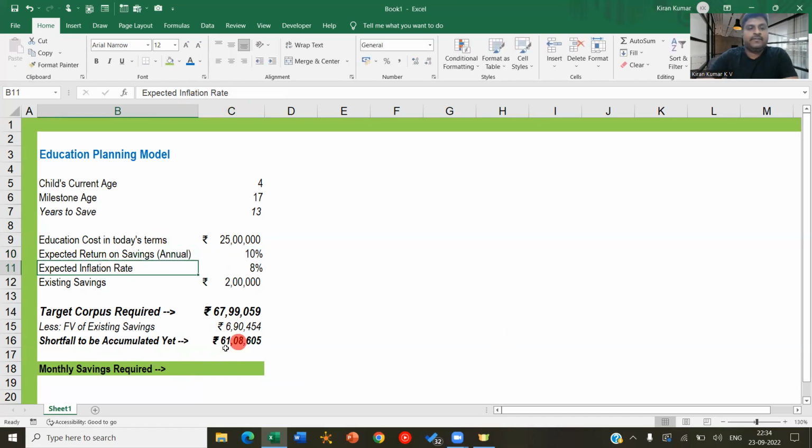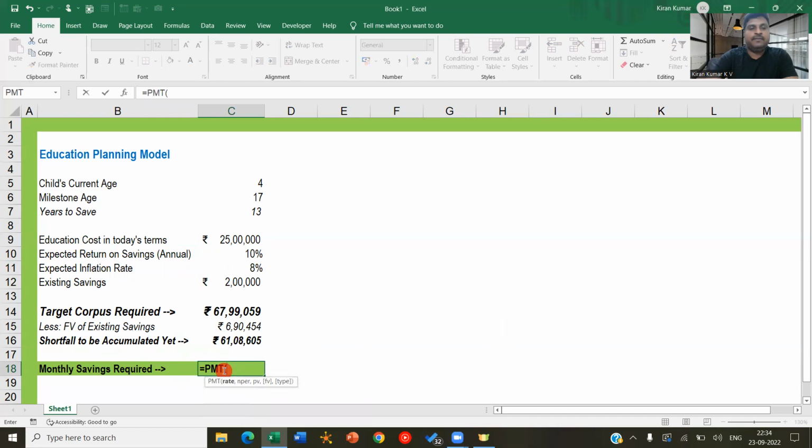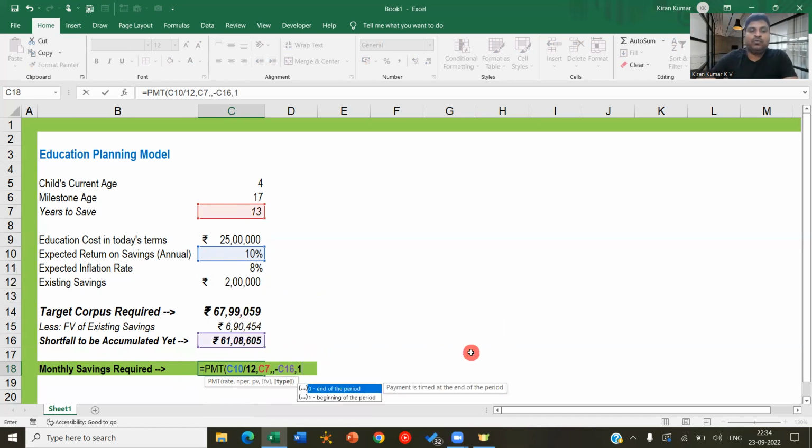So it is an annual rate. So I am going to use PMT. Rate will be 10% divided by 12. Whereas N per number of periods would be 13 years. And present value is nothing, and future value, note that in the future value I am putting 61 lakh 8,000, and type I will mention 1 because I would like to start the savings today itself.